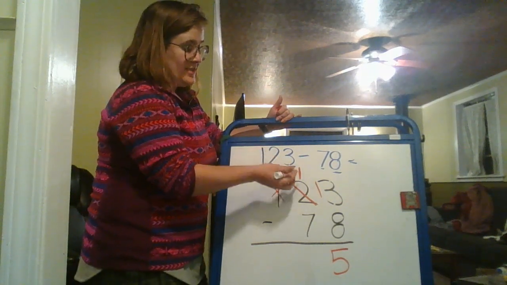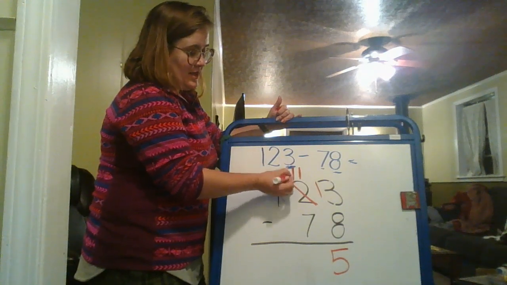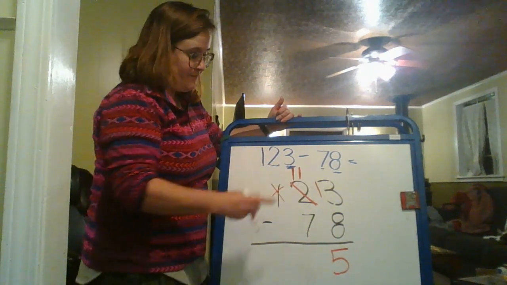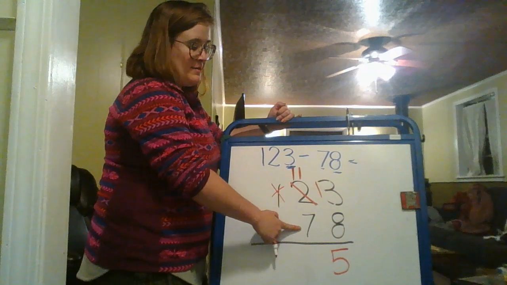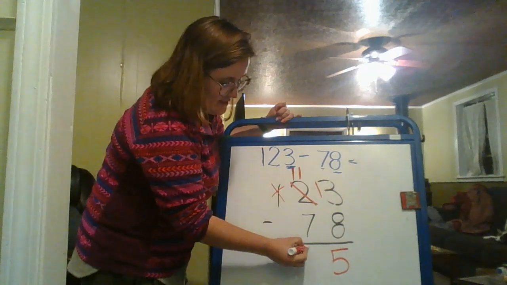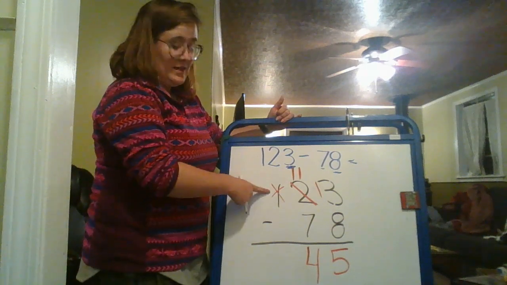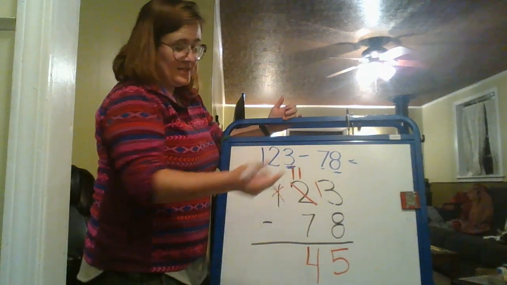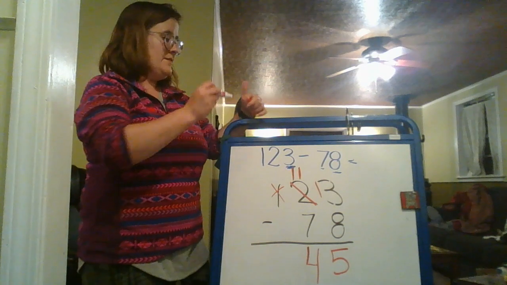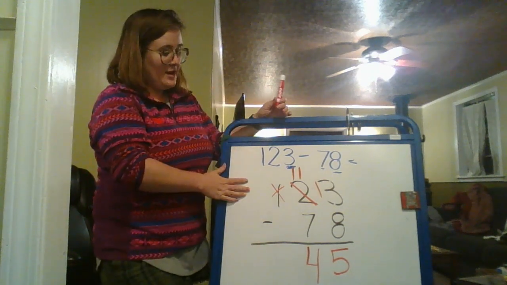So I had 1 10. Now I have 11 10s. 11 10s minus 7 10s is 4 10s. And this 100 is gone. It became 10 10s. I don't even have to worry about it. This is the standard algorithm.